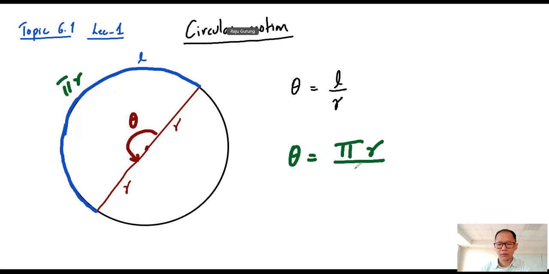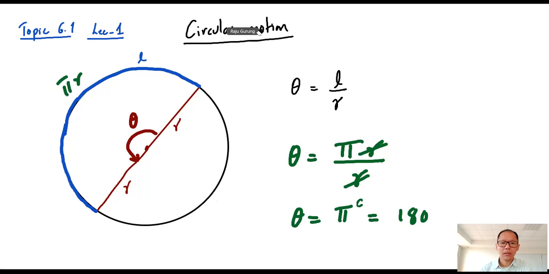divided by the radius. So r is just the radius, so I just do this. Now I can cancel this two out to get theta equals pi. But you also know that if we were to measure this in degrees, that should be equal to 180 degrees. So now you have a relationship between two angles: one angle that you're measuring in radian, and the other that you're measuring in degrees.